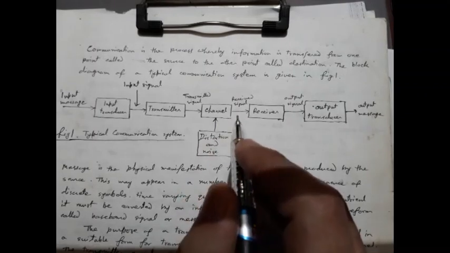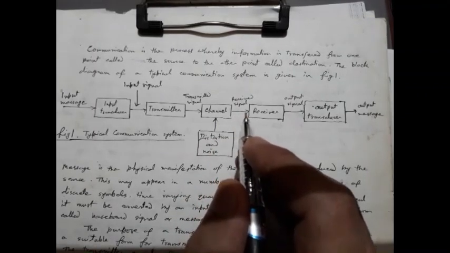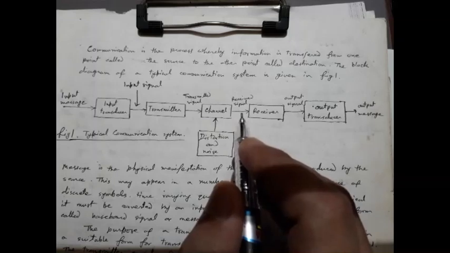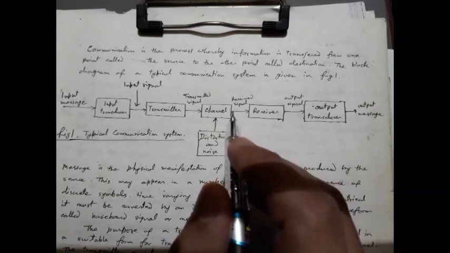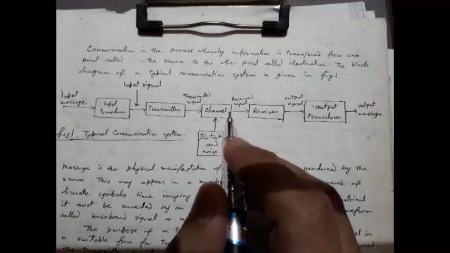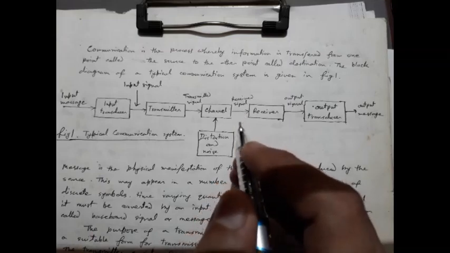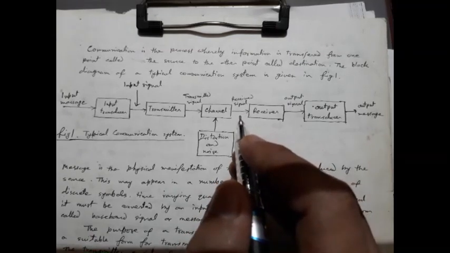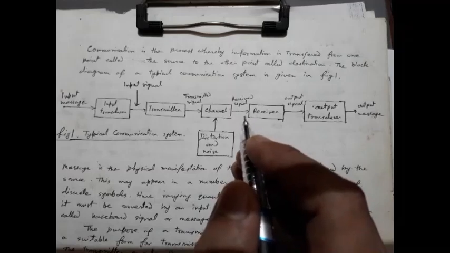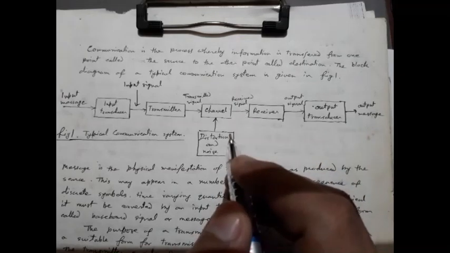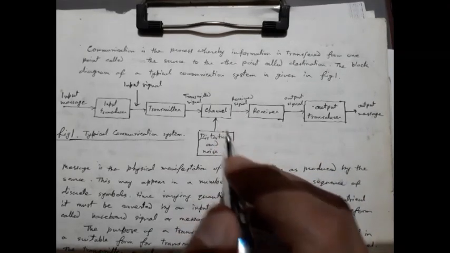So when they appear at the receiver, they should appear at the same time. But as the velocity is frequency dependent in the channel, the different components of the signal will appear at the receiver at different times, and that will produce some change in the wave shape of the original signal. That is what we call distortion, and that is a property of the channel.